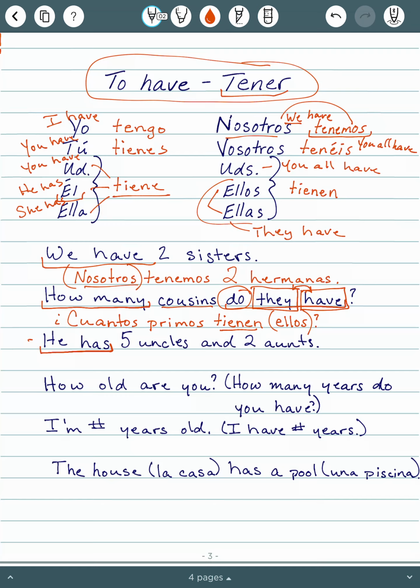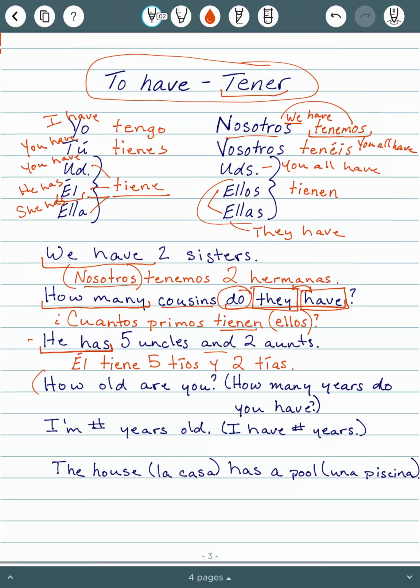But if you don't know who I'm talking about, maybe I'm just offering up random information, then I want to include the él in there. So he has él, and él is next to tiene. Él tiene, he has 5 tíos and dos tías.